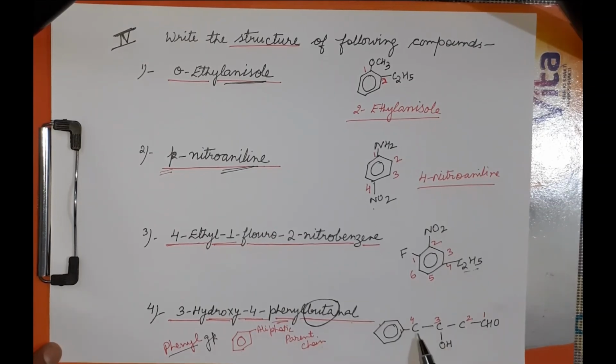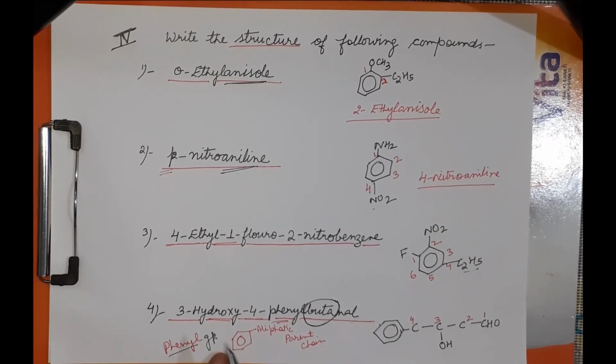So I have written this 1, 2, 3, 4 carbon atom parent chain, and butanol means the number 1 carbon atom is the aldehyde group, because we know the functional groups having the carbon atom are also counted in the parent chain. So numbering, if we do, it will be like this: 1, 2, 3, 4.